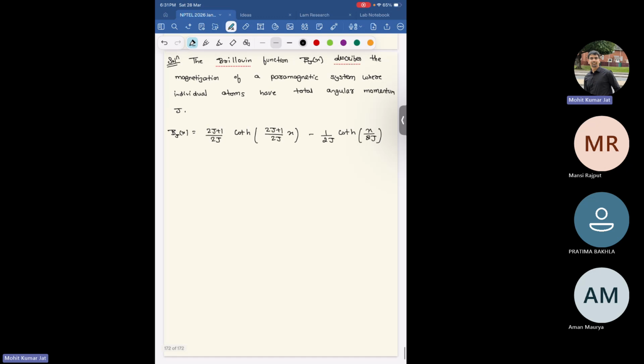where the parameter x is g_J mu_B B, which is the Bohr magneton times the magnetic field, divided by k_B T. k_B is the Boltzmann constant and T is the temperature. It is a dimensionless quantity, and it defines the interaction.